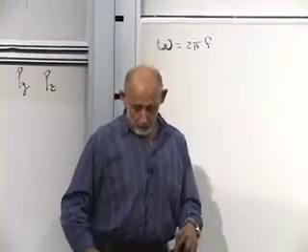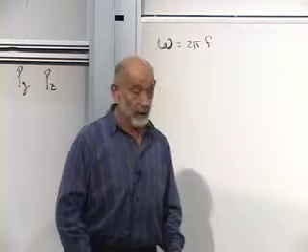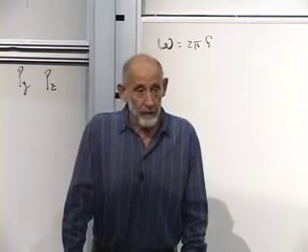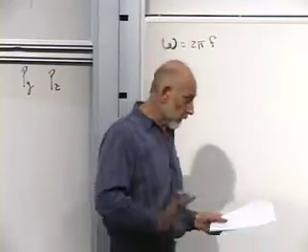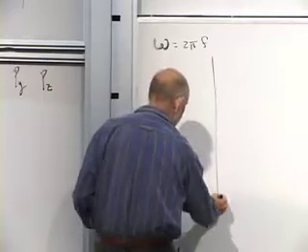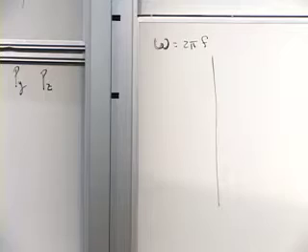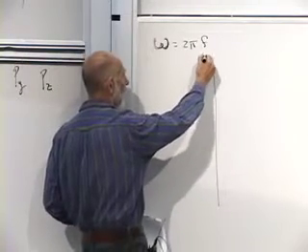Now, what is unusual about the quantum mechanical harmonic oscillator is that energy is quantized. Not momentum, but energy is quantized. This is something which you'll either look up or accept. So let's plot vertically the energy levels of such a harmonic oscillator.